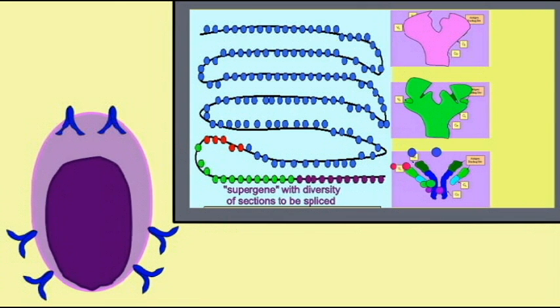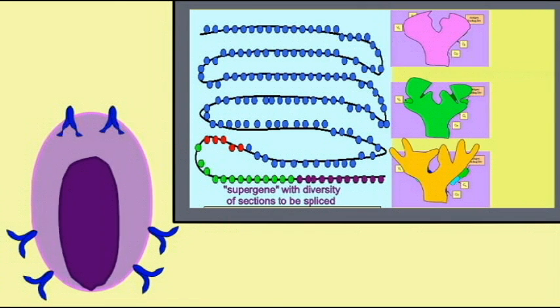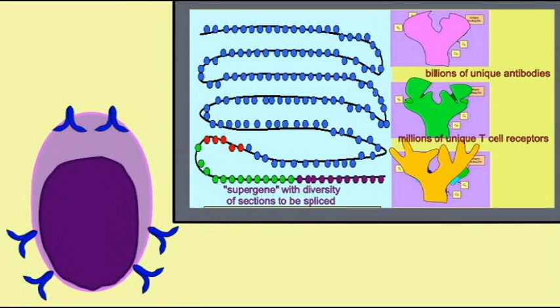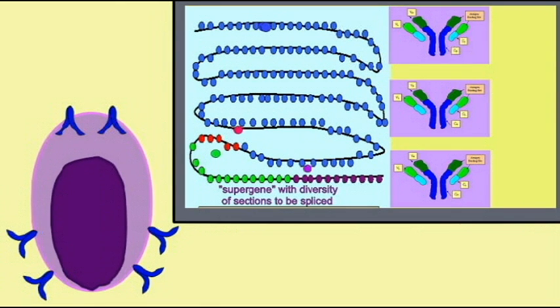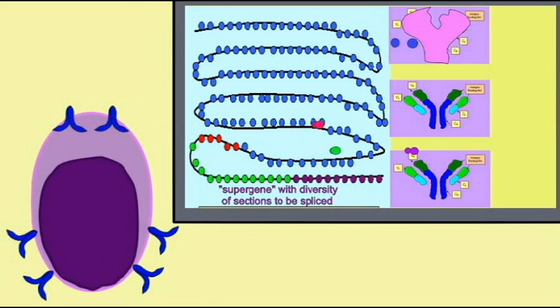What happens is, although there are only a couple of genes dedicated to forming antibodies, these genes come in sections. And during development, each B cell line shuffles these sections to create unique patterns which will recognize unique microbial antigens.